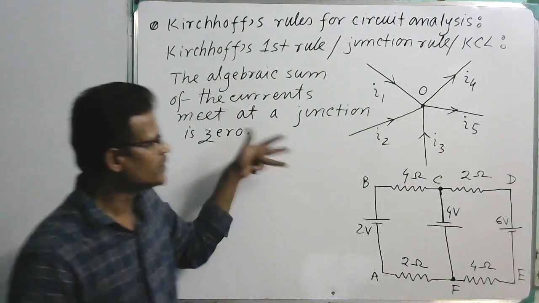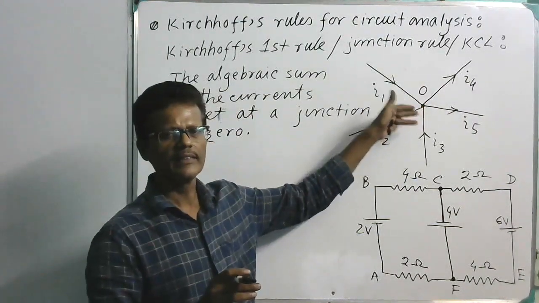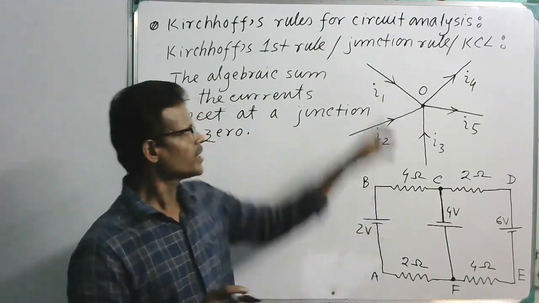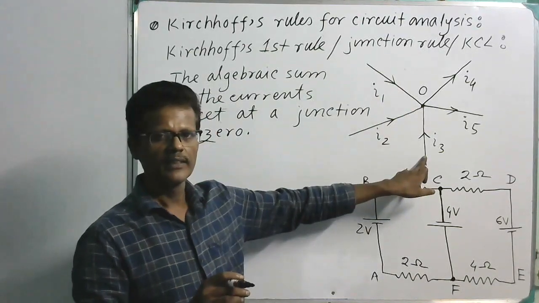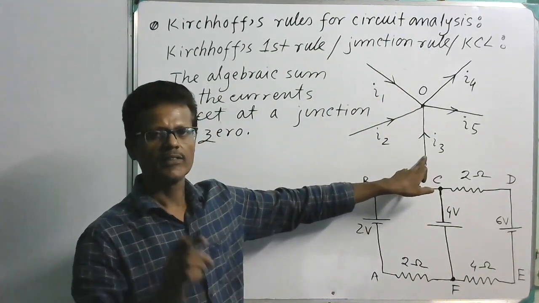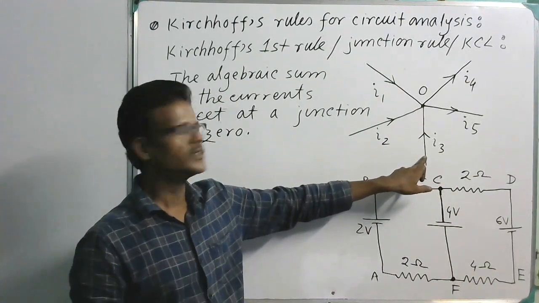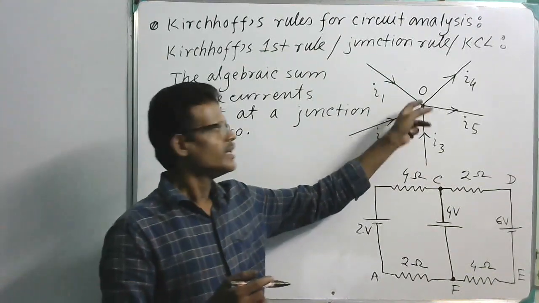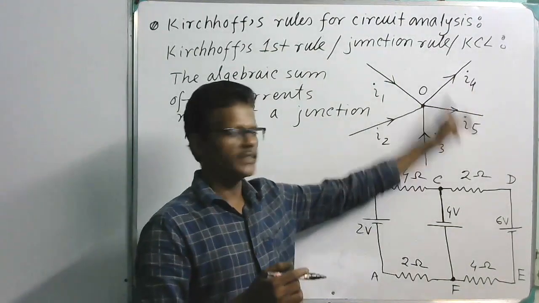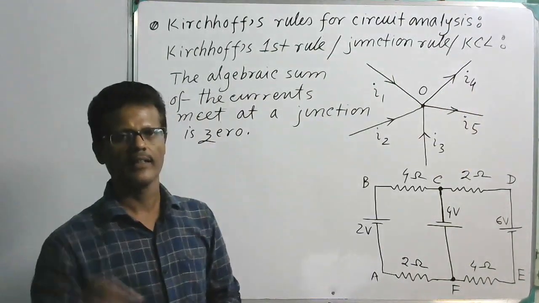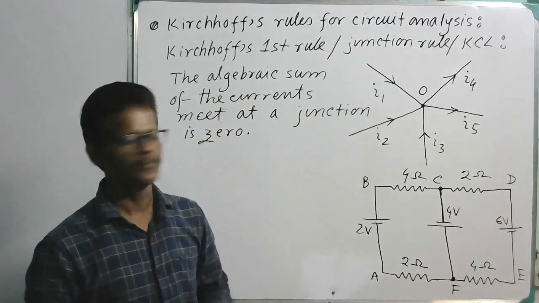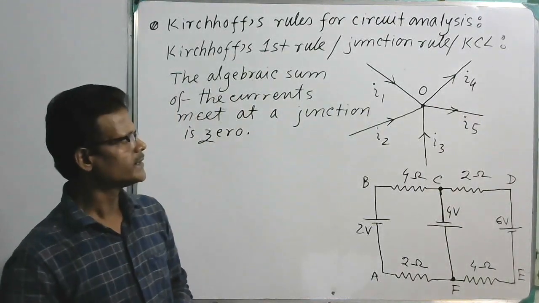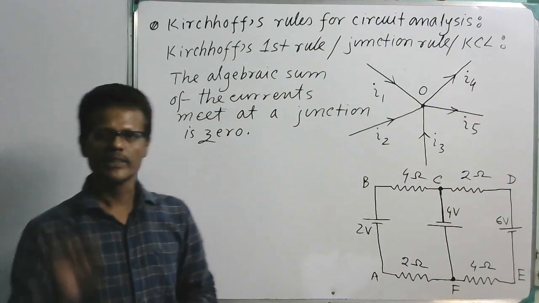So that is why the total current entering the junction, if these are positive, suppose I1, I2, I3, is equal to the currents leaving through these two paths, I4 and I5. So I4, I5 you may consider as negative.